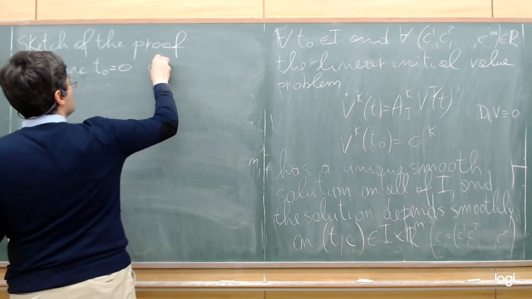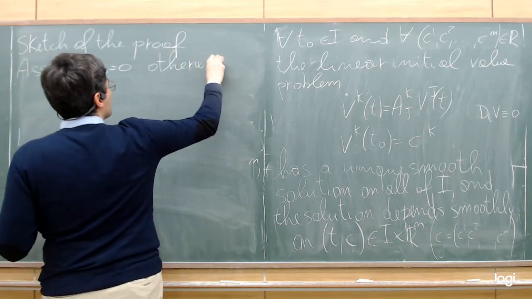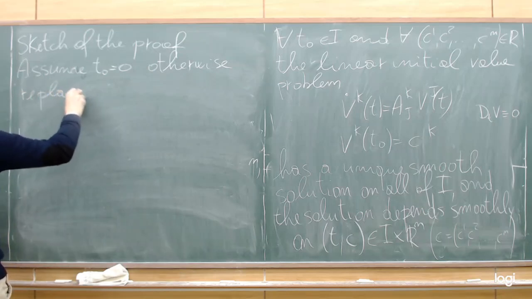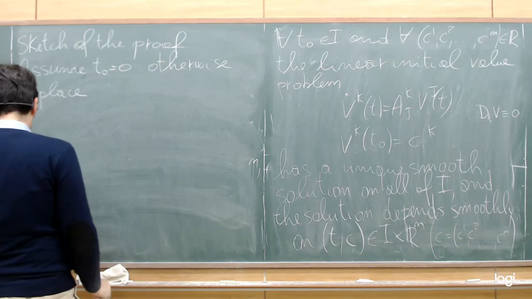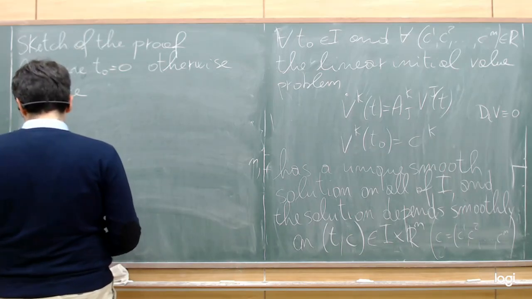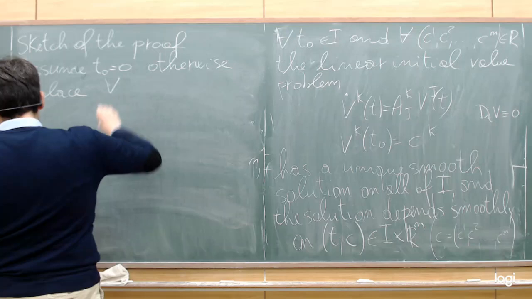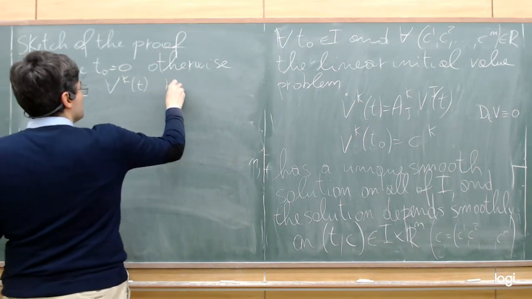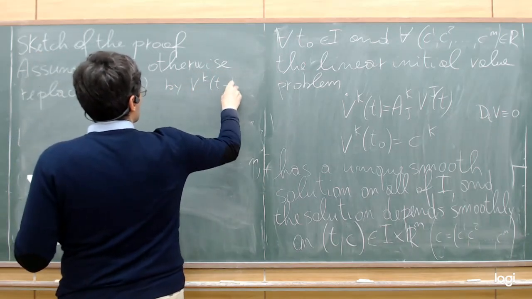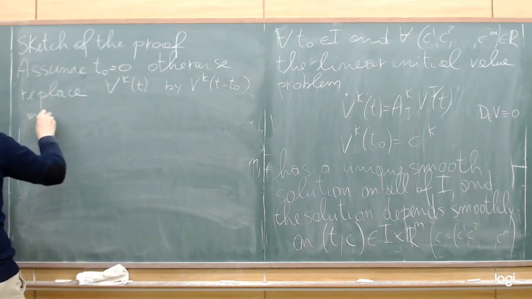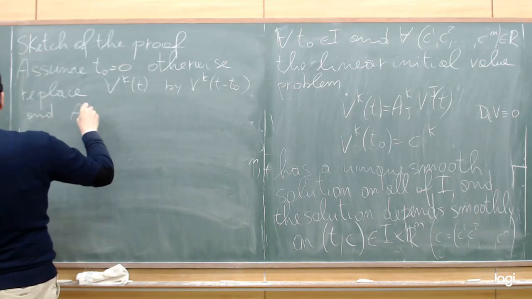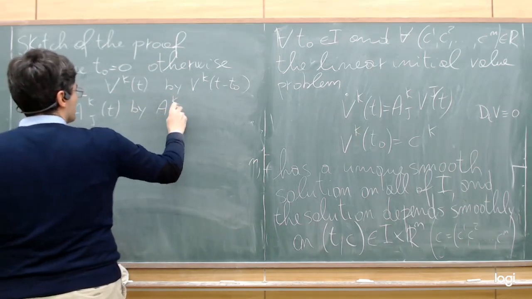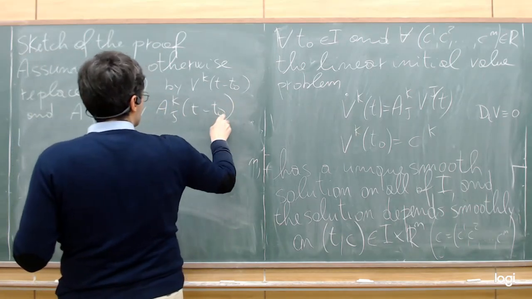Otherwise, replace V^k(t) by V^k(t minus t0) and a^k_j(t) by a^k_j(t minus t0).